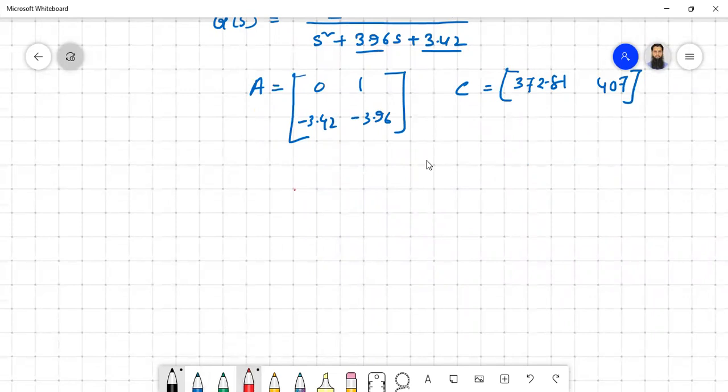For the signal flow representation, you need two integrators, and they're related. So one is connected with another one, 1 by s, 1 by s, and now we name the signals. This is your x1, this is your x2, and this is your x2 dot.